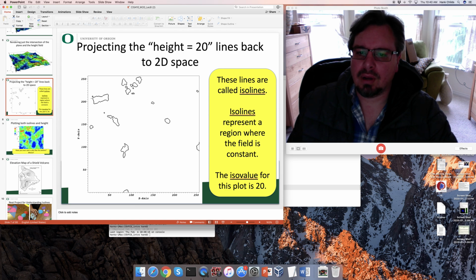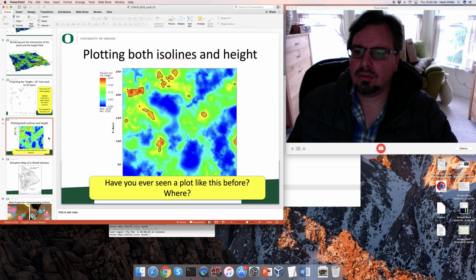So if we took an iso value of 20, then this field has isolines for an iso value of 20 at the black locations. And so for the project, the goal is to be able to calculate these lines.